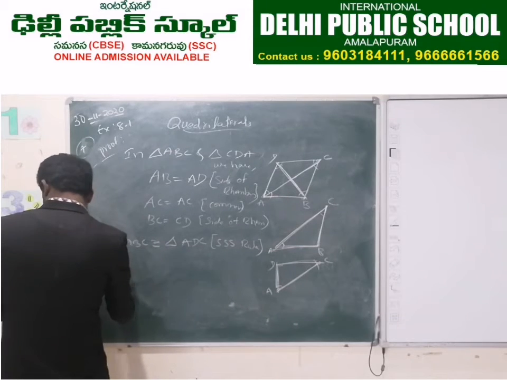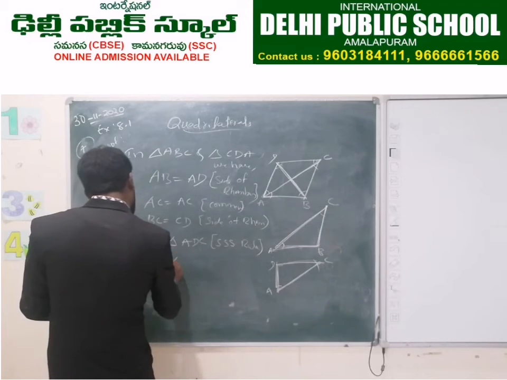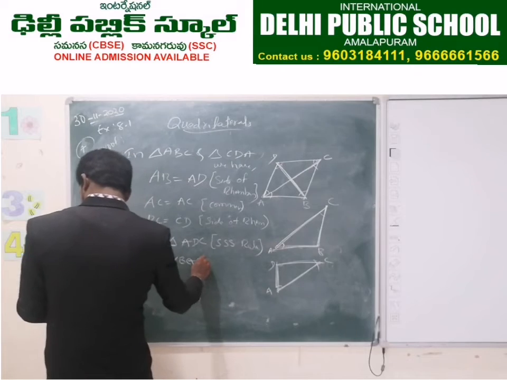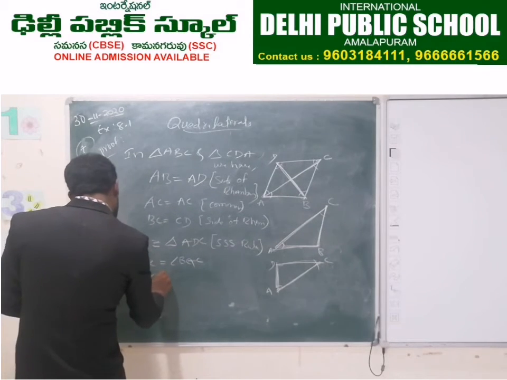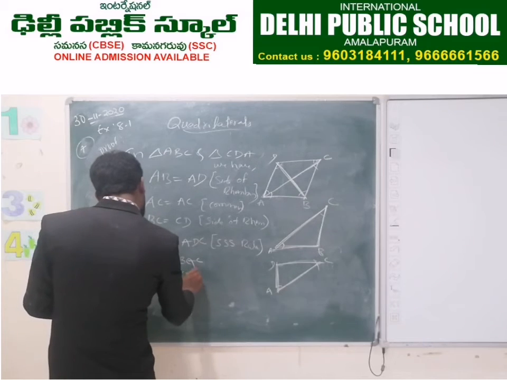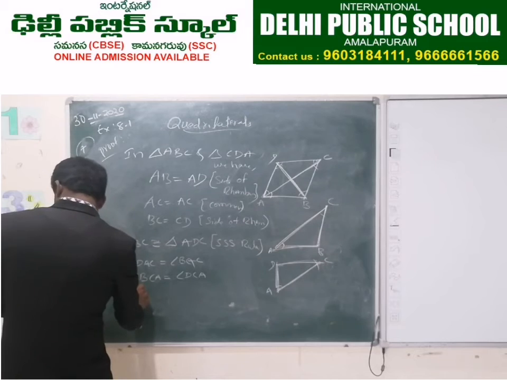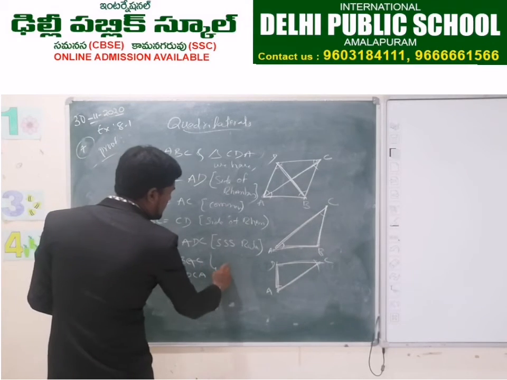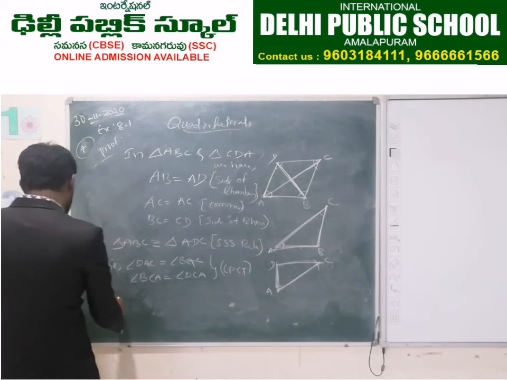So, angle DAC is equal to angle BAC. Angle BCA is equal to angle DCA. Similarly, this is CPCT, right?